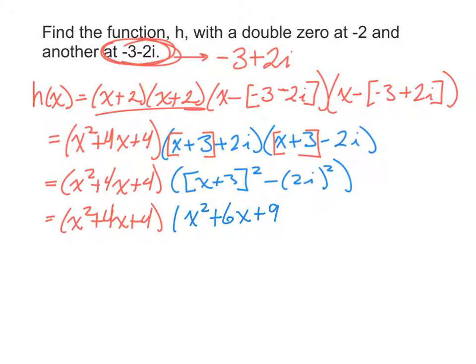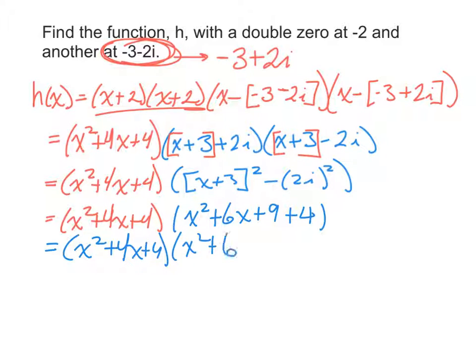And minus 2i squared is minus 4i squared, or plus 4. And we have to FOIL now this x squared plus 4x plus 4 times x squared plus 6x plus 13.